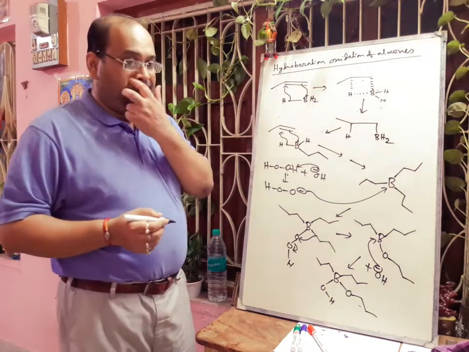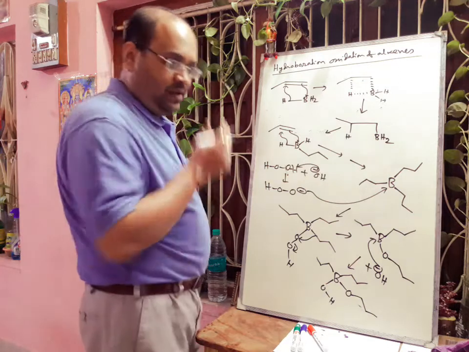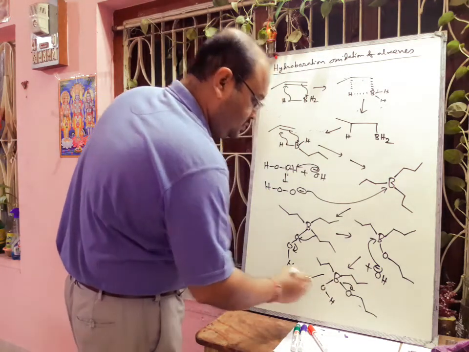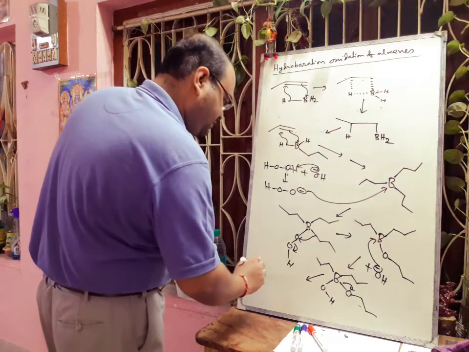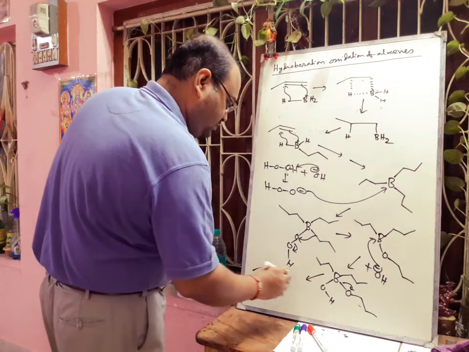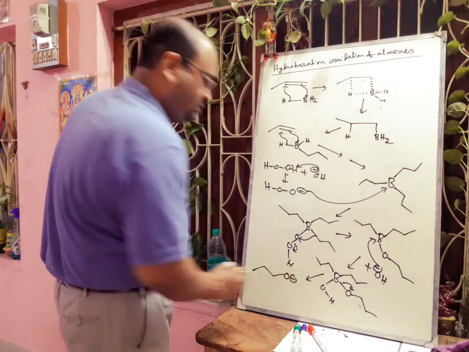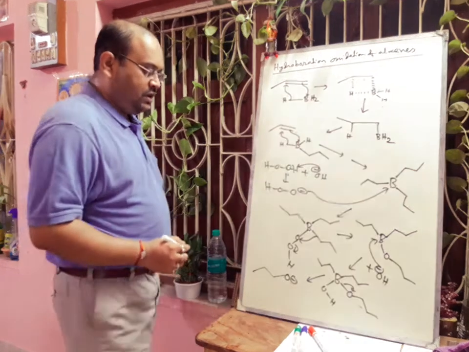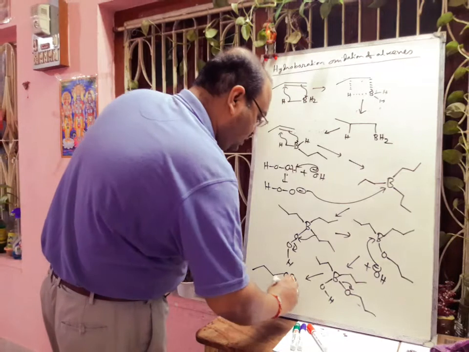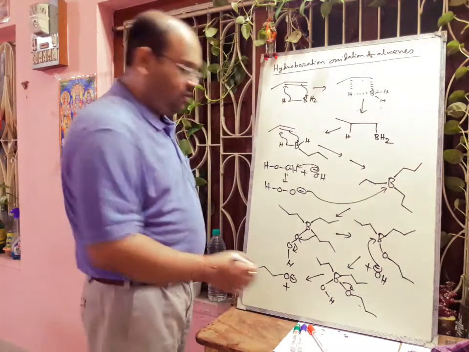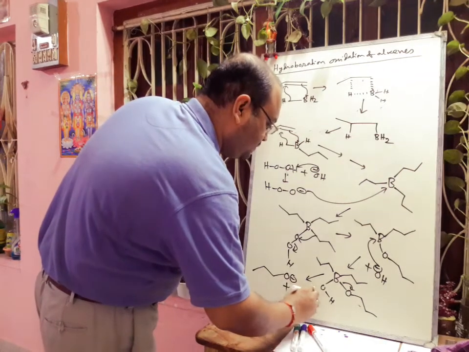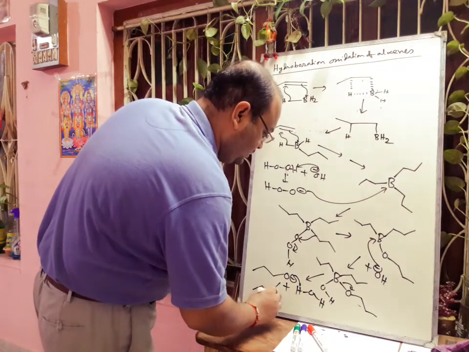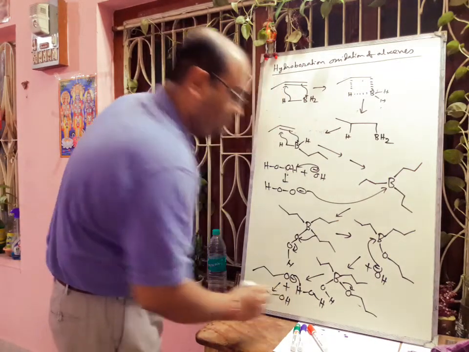In the next step, this will break and we will get this type of alkoxide ion that will take a proton from water, and finally we will get alcohol.